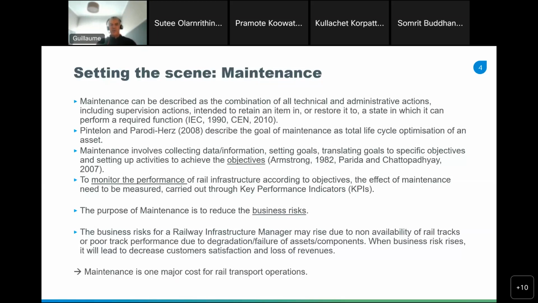The business risk may arise from non-availability of the rail tracks, or poor track performance due to some degradation first, and second, the failure of the assets. And when the business risk rises, for sure it will decrease customer satisfaction if you are a railway operator, and cause some loss of revenue. So it's very important that maintenance is considered as one major cause for the rail transport operation.